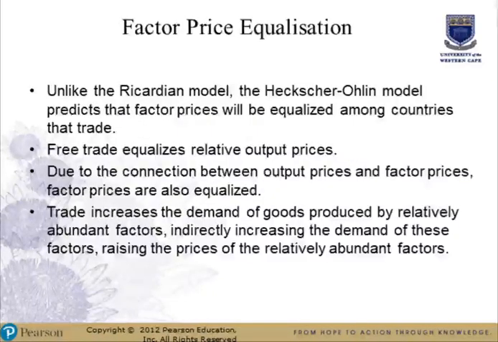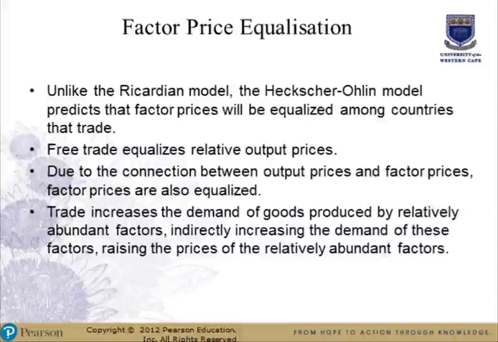Trade, according to the Heckscher-Ohlin model, predicts that factor prices equalize between trading partners. Remember, before trade in the labor-abundant country, cloth is relatively cheaper, whilst food, which is capital intensive, is relatively cheaper in the capital abundant economy.